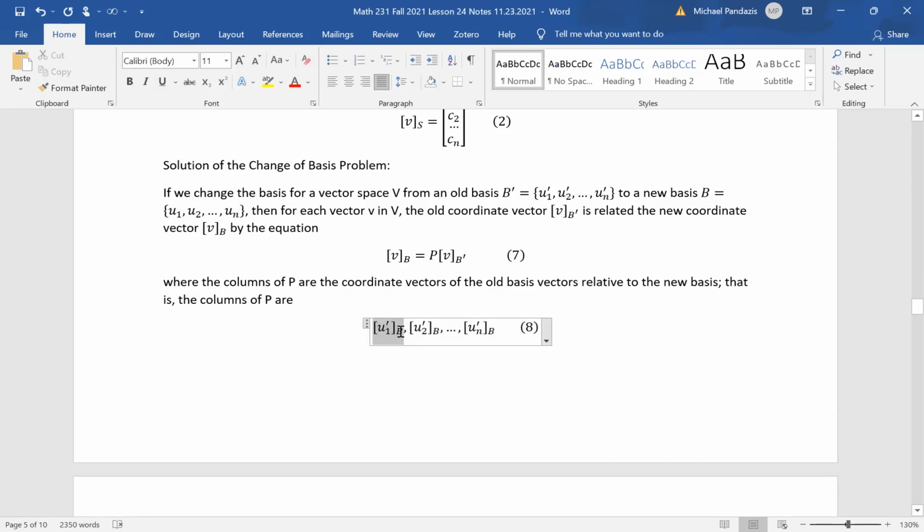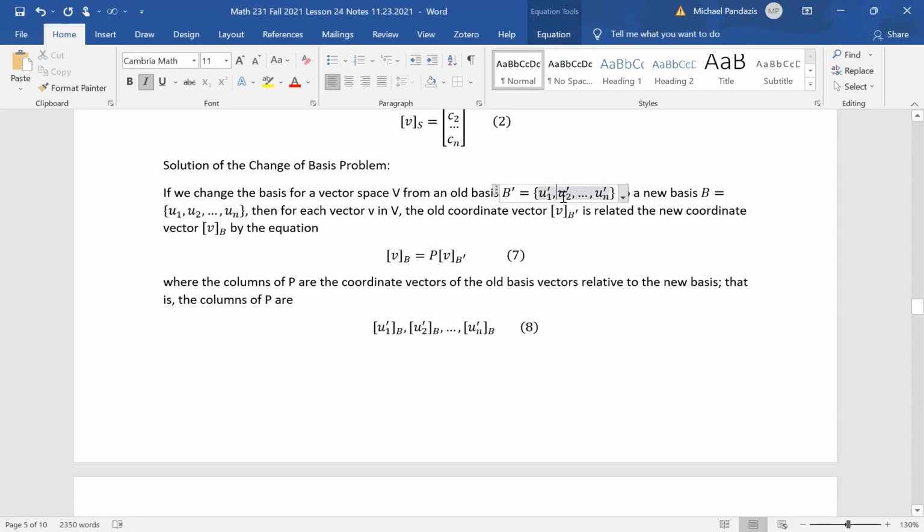Those are the coordinates of the old basis vector U1 prime relative to the new basis B, consisting of the new basis vectors U1 to UN. So these matrices are column vectors that make up the columns of the transition matrix P. This is the transition matrix from an old basis B prime to a new basis B. For this transition matrix, in that direction from old B prime to new B, the columns of this matrix P, again, are these column matrices, the coordinates of each old basis vector relative to the new basis.